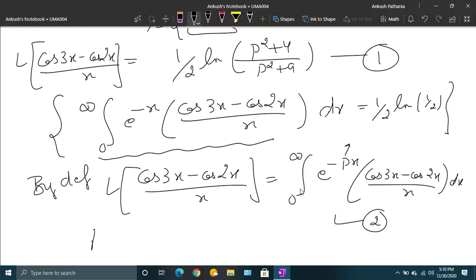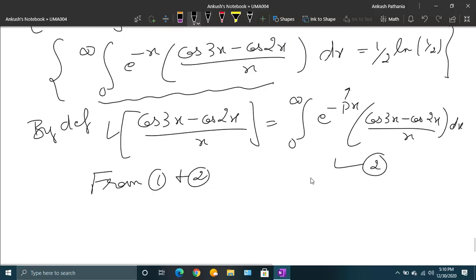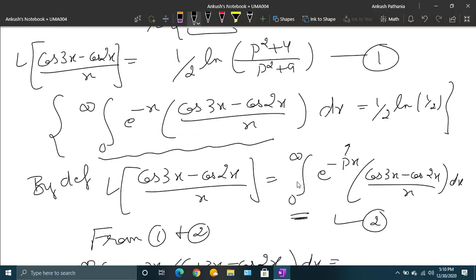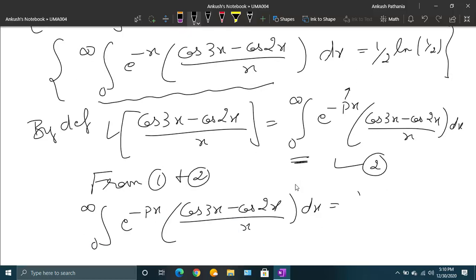Now from 1 and 2, I got this: the integral from 0 to infinity of e raised to power minus px, (cos 3x minus cos 2x) upon x, dx is equal to 1 by 2 ln (p square plus 4)/(p square plus 9).